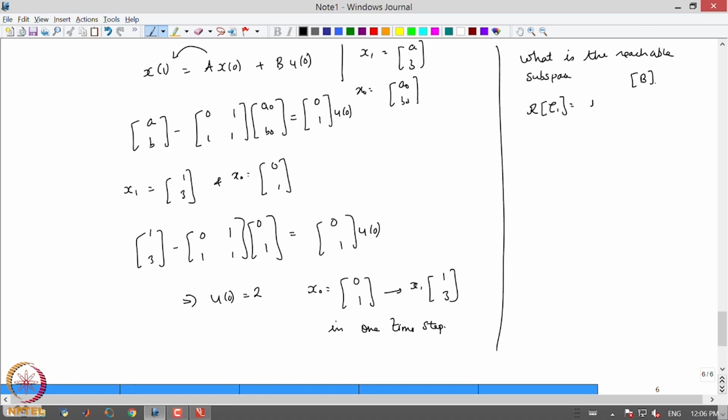What is the first term of the controllability matrix? That is B, because I do not compute A B anymore, right. So, this is the span of the vector [0; 1], and in this case the transfer can be achieved in one time step.